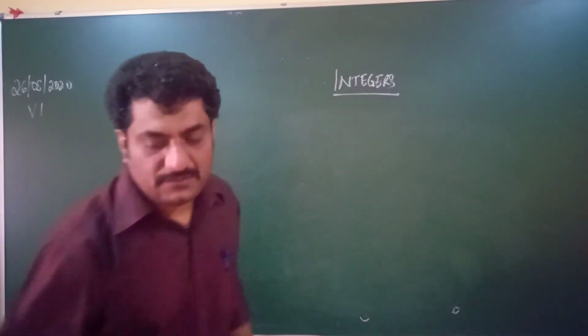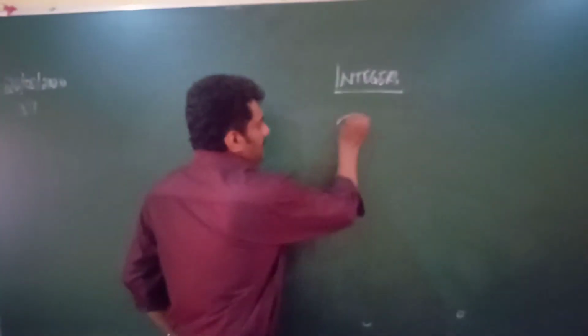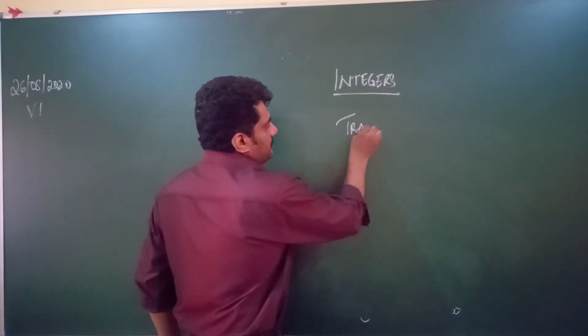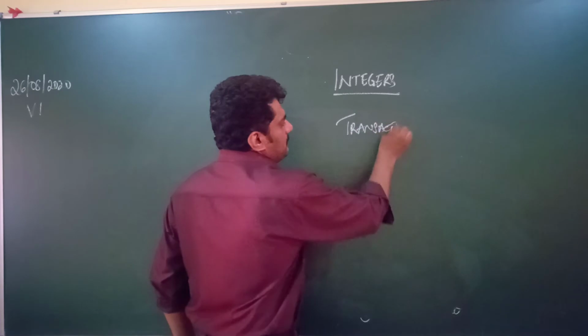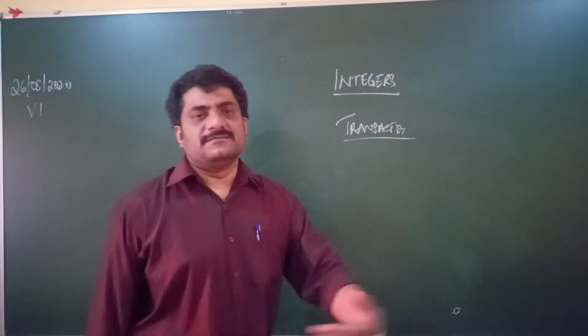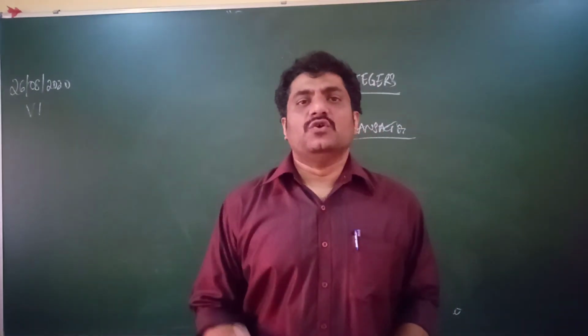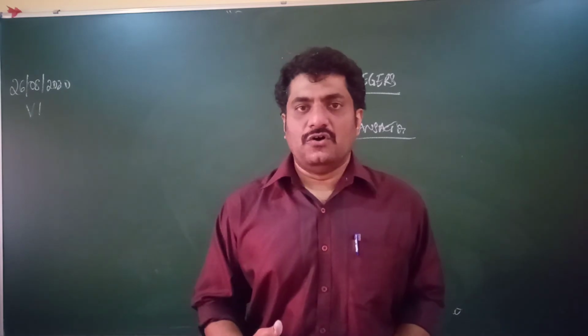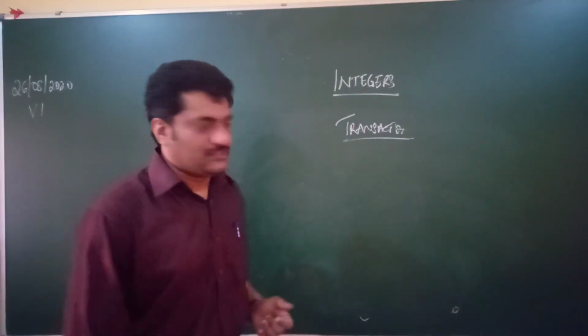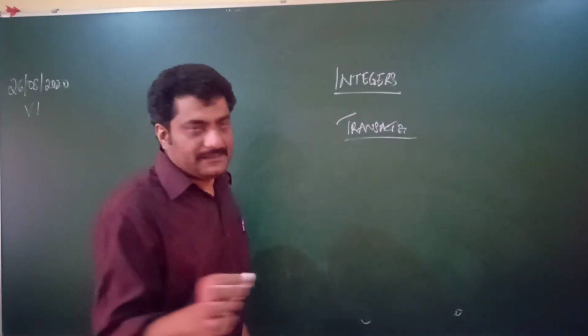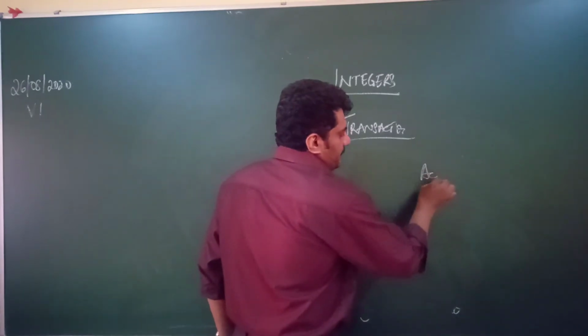Now one more example. Let's get into some transactions. What is a transaction? Transaction is when you go to the bank to deposit or withdraw. Now you go to a bank, you have your account here.